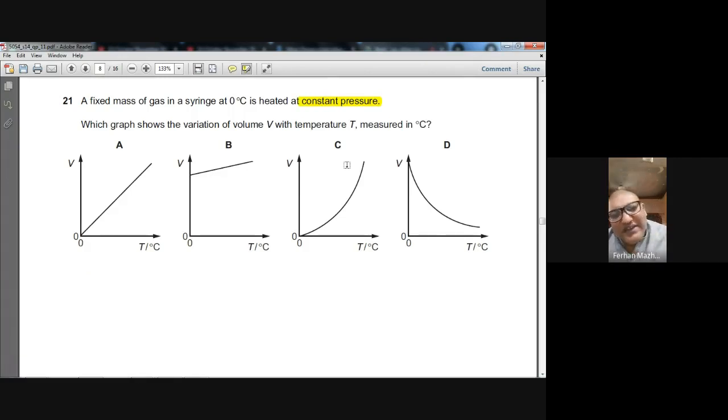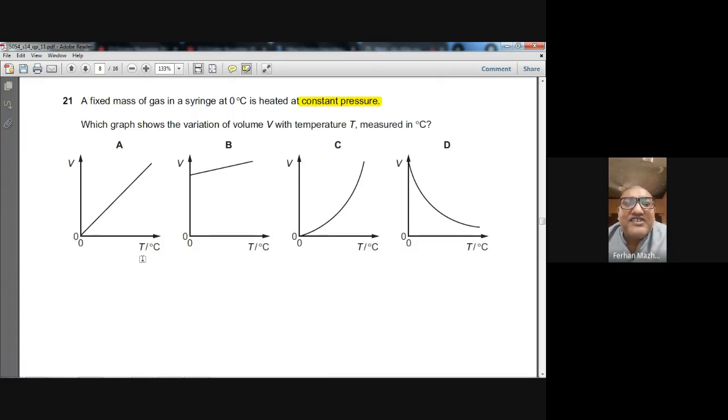So if you increase the temperature of the gas, its volume will also increase. It's very simple. But you might get confused with these two. This graph is in your book, but this graph, if we draw, passes through the origin 0, 0. When the temperature is 0, the volume will be 0.